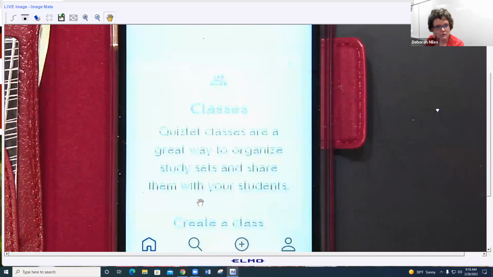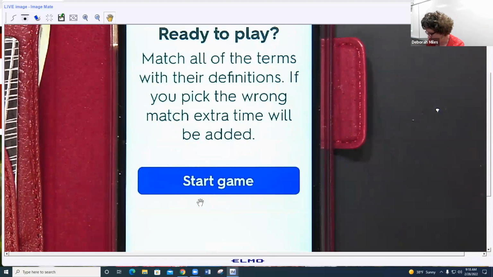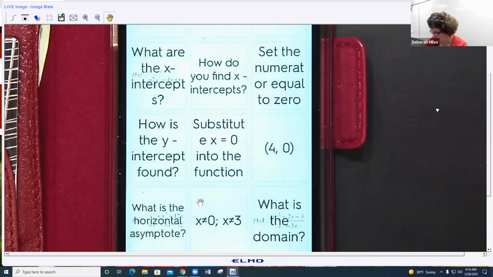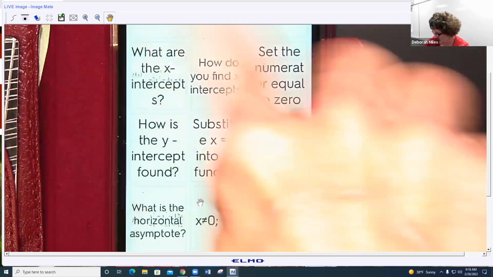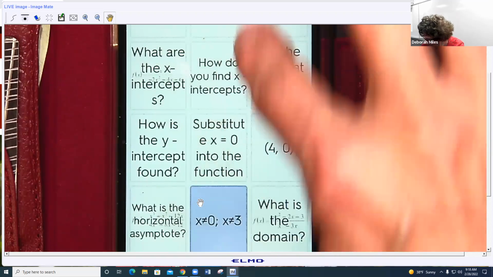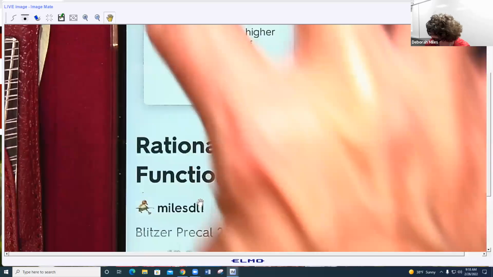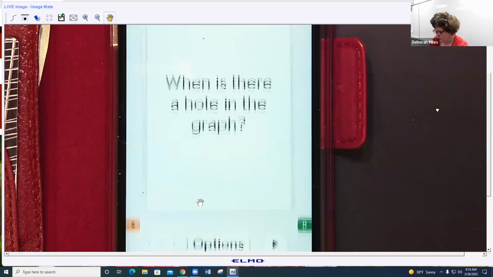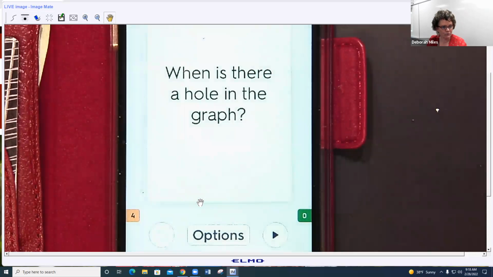You don't have to download anything. If you go straight to Quizlet using that link that I sent you, this is matching, I believe, and you don't need to do that. But if you just close that and then scroll down to flashcards, flashcards will help you.